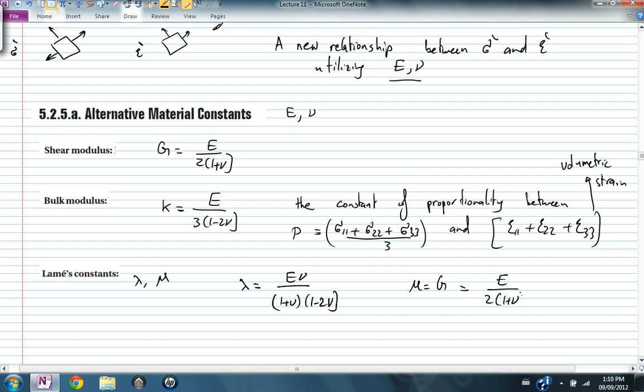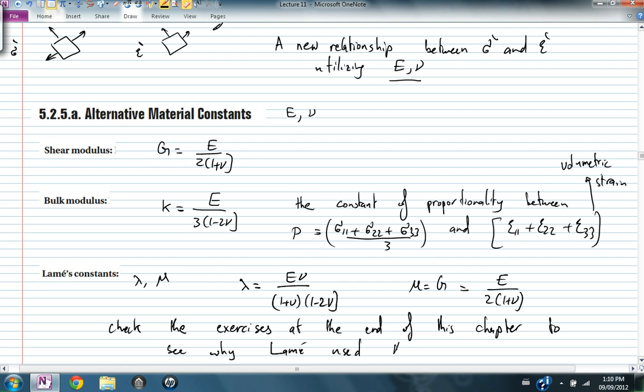And you can check the exercises at the end of this chapter to see why Lamé used these constants.